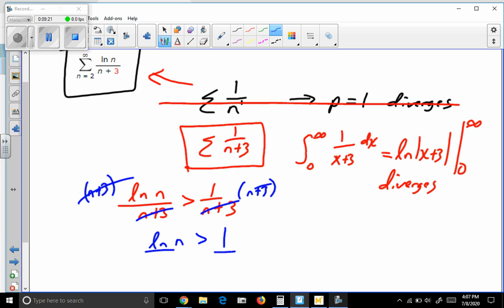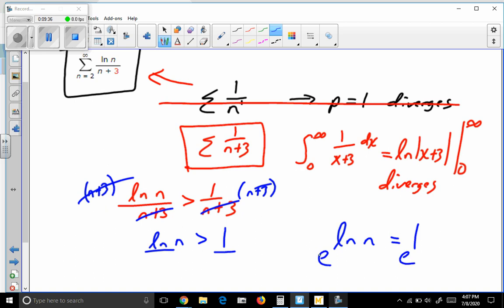So there are values for which this is not true, but if we think about when they're equal, when is natural log equal to 1?